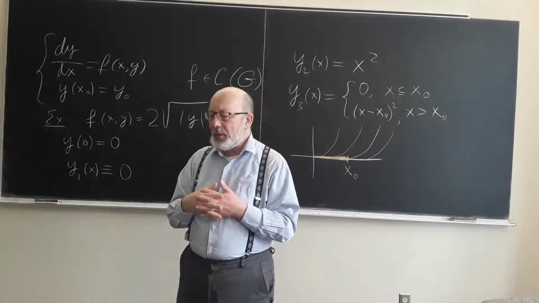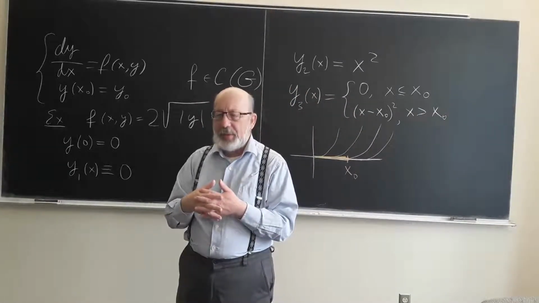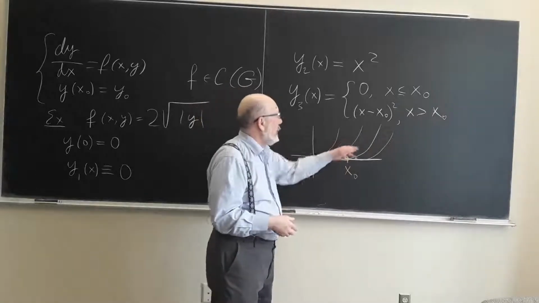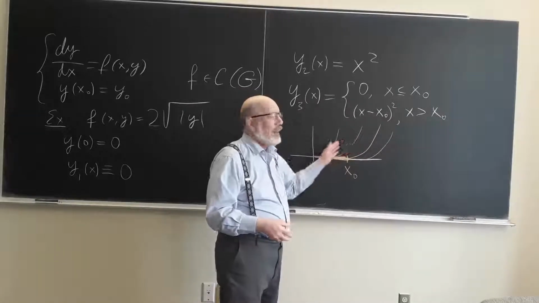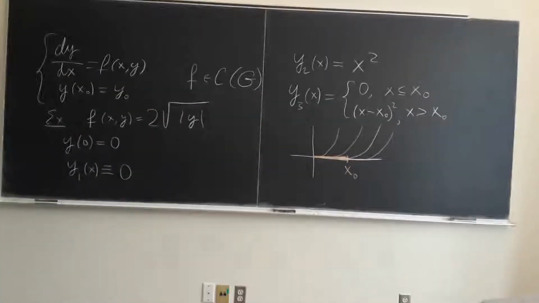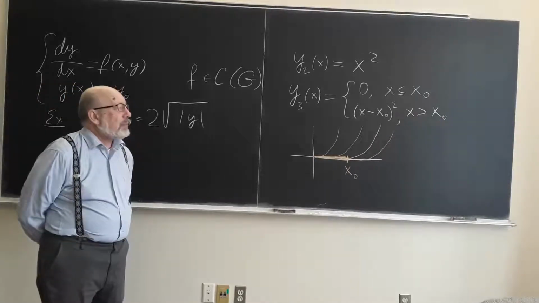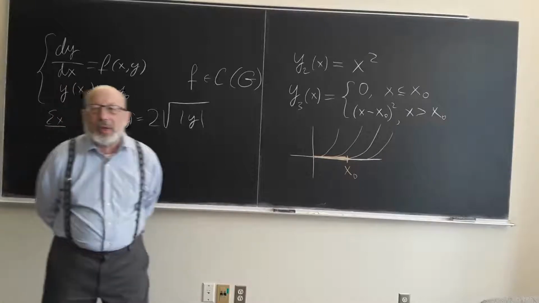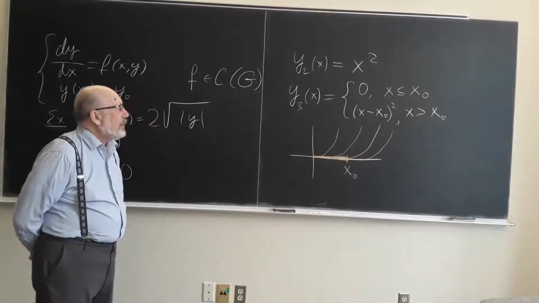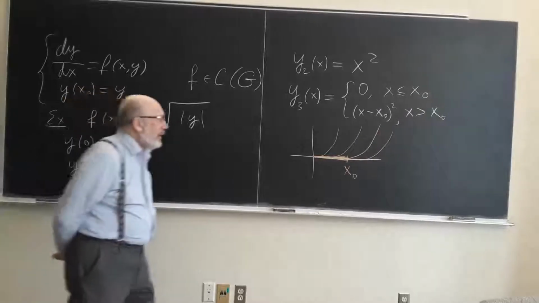And the natural structure for this is a measure. So if the solution is non-unique, maybe we can introduce a measure and regard it as, say, a random solution. As far as I know, it is not done. So this is still a subject of research.